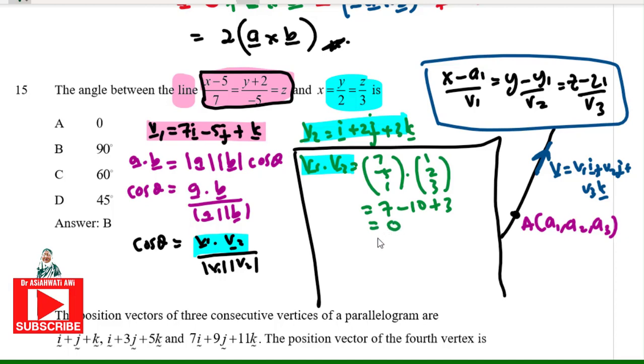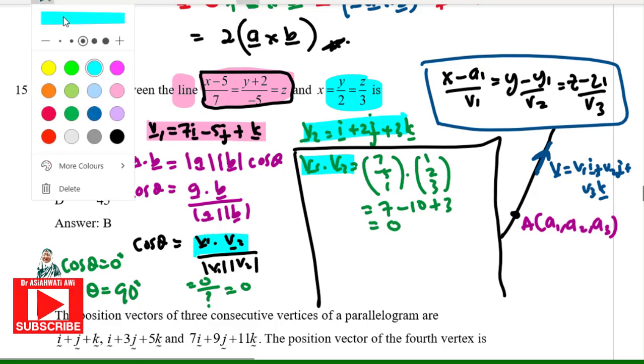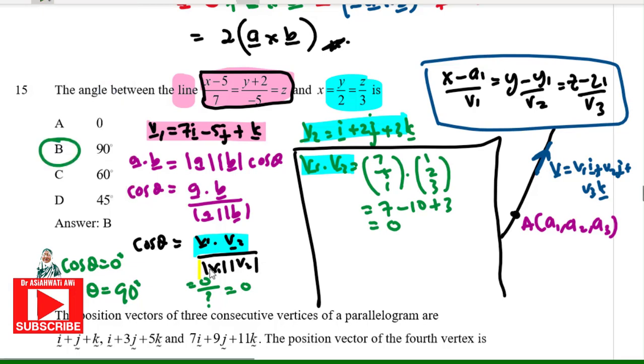So cos theta is equal to 0, therefore theta is equal to 90 degrees. Automatically we get the answer, so you don't have to find modulus v1 and modulus v2. Done for number 15.